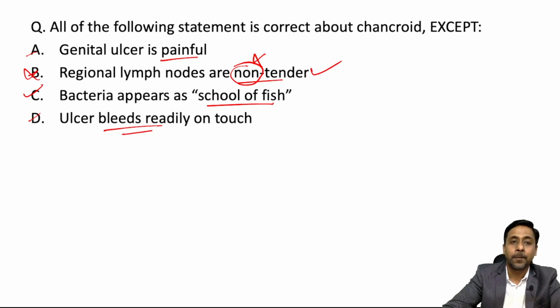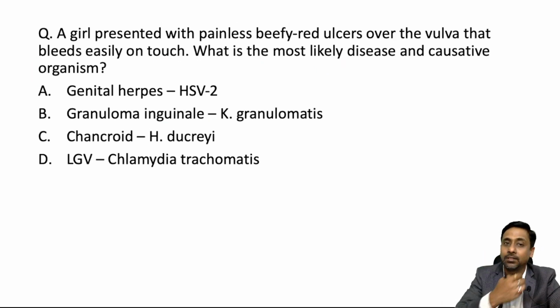Okay. Another question: a girl presented with a painless beefy red ulcer over the vulva that bleeds easily on touch. What is the most likely disease and causative organism? Okay, so this beefy red ulcer, this particular word I used for the ulcerogranulomatous type of donovanosis. Beefy red ulcer that bleeds easily on touch, and also one more hint is that it is painless.